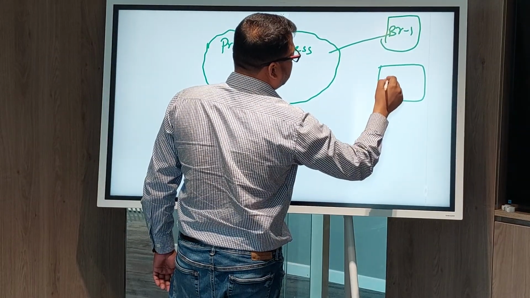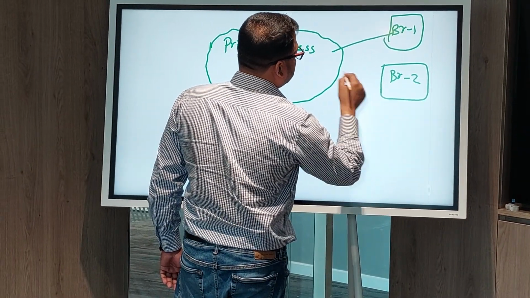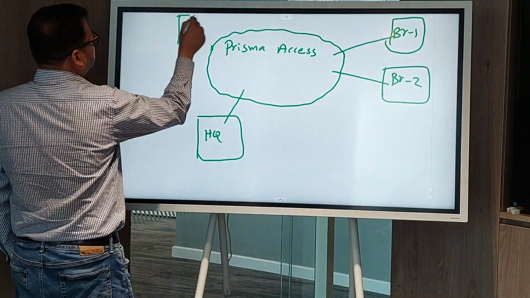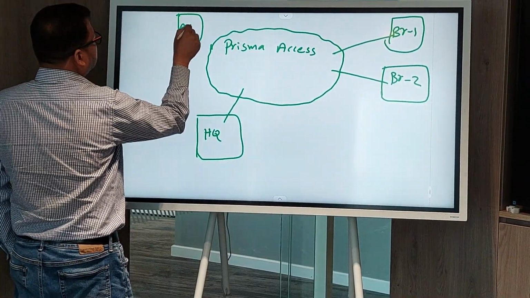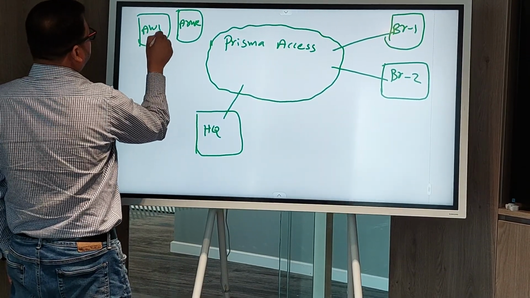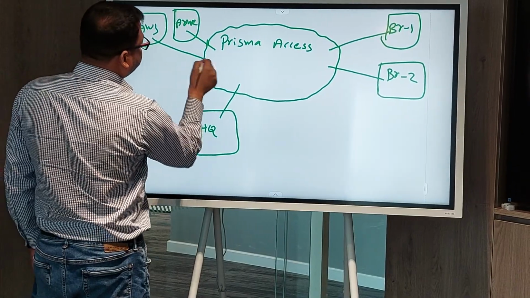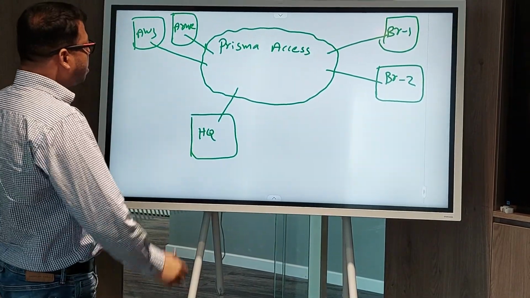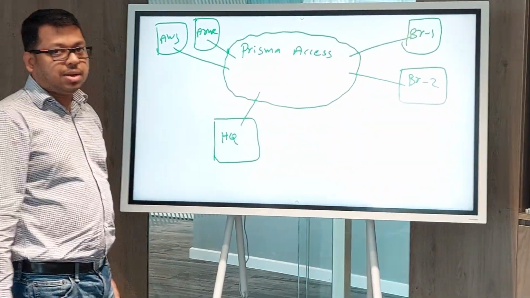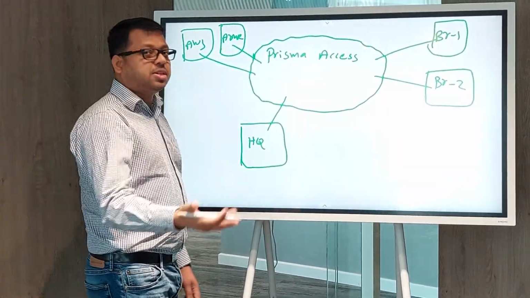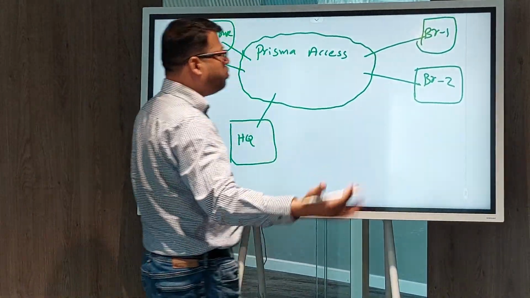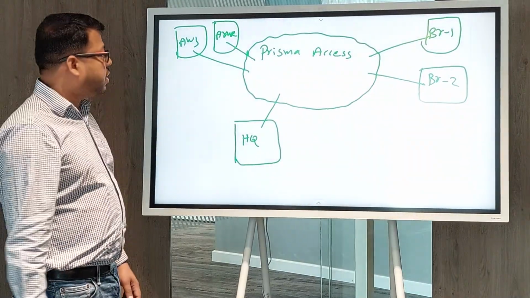Branch 2, whether it will be in UK, US, Dubai, Bahrain, wherever it may be. Then we have the Azure, AWS. This also will be connected to the Prisma Access. See, all these locations, what we need to have for a Prisma Access connectivity, we just need to have an IPsec supported device, whether it may be a traditional router or any of the IPsec supported device.